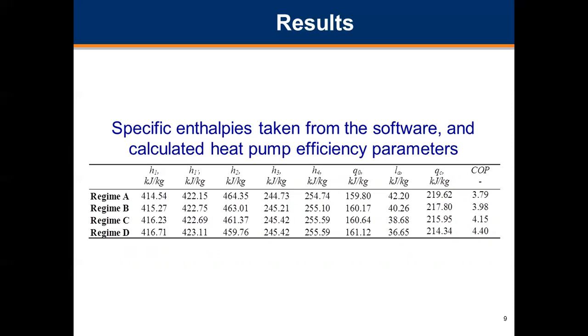From the results presented in the table and in the previous figure, it can be concluded that when the shutdown temperature of the heat pump increases, the increase of the coefficient of performance is due to the increase of the specific heat of vaporization and, on the other hand, the decrease of the specific compression work.